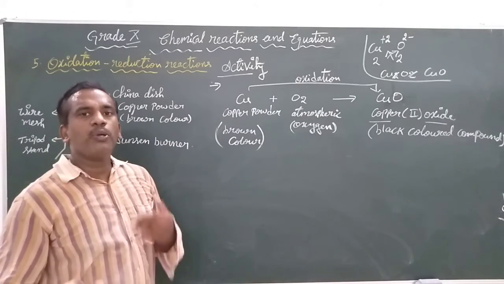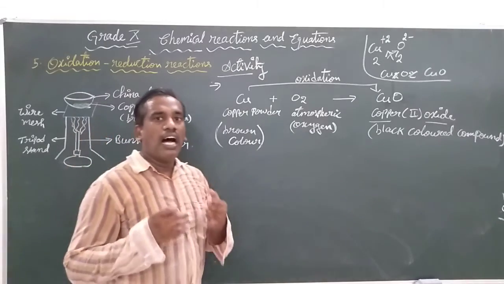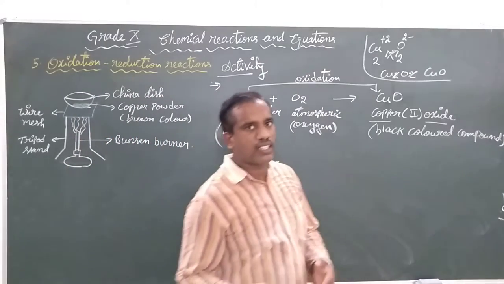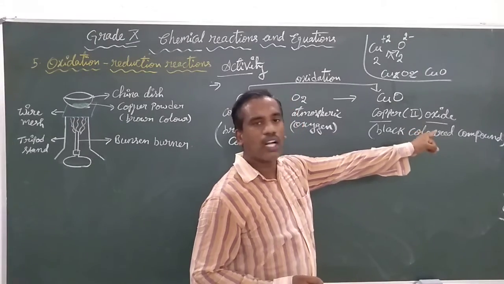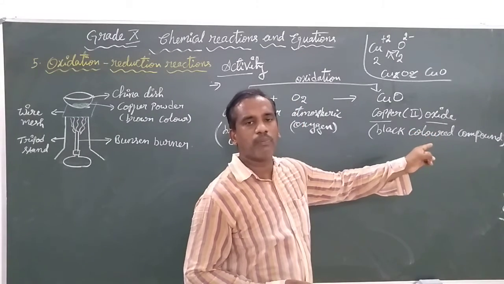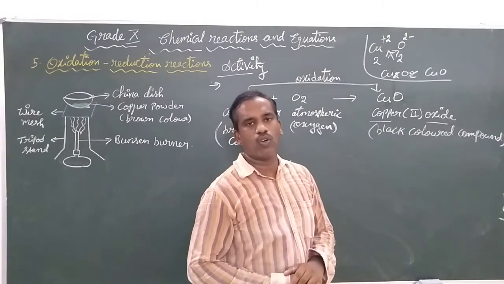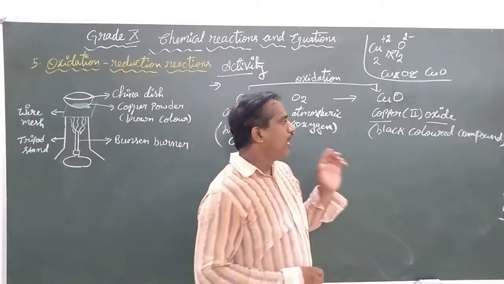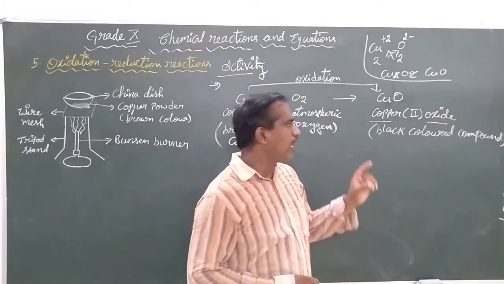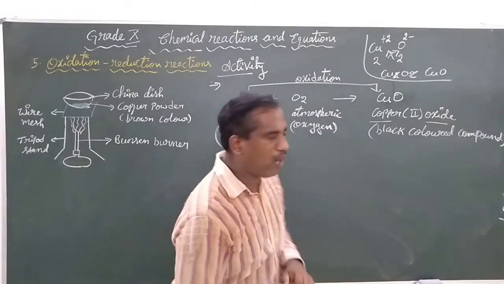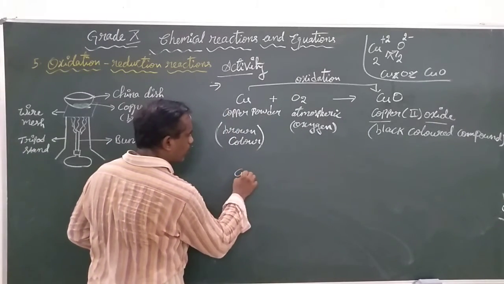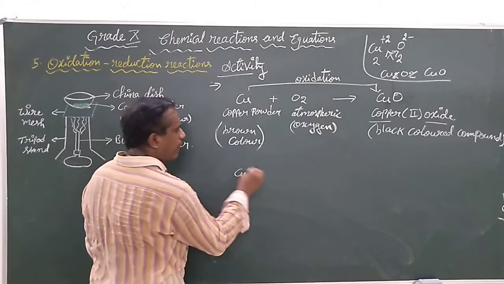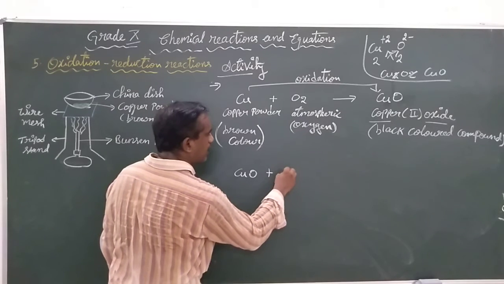Now when you pass the hydrogen gas over the hot black colored compound, what are we passing? Hydrogen gas over the black colored compound. Now our black colored compound is CuO. For this, what are we passing?